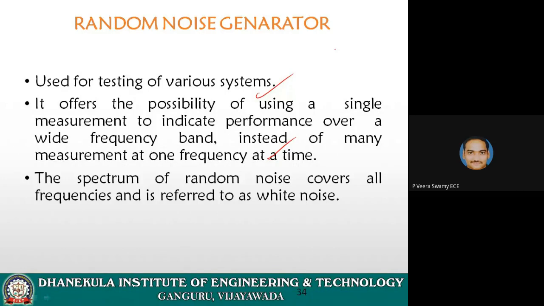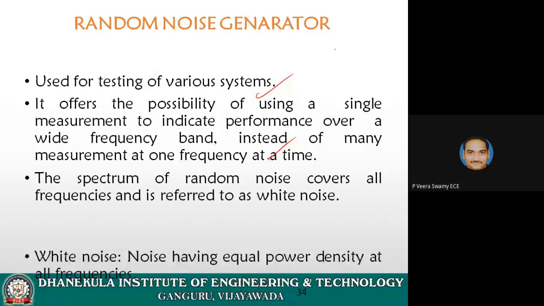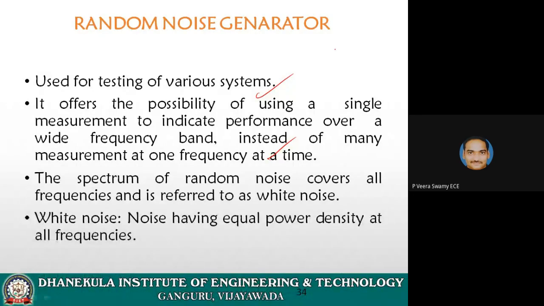The spectrum of random noise covers all frequencies and is referred to as white noise. So this is nothing but white noise. That white noise is nothing but having equal power density at all frequencies.